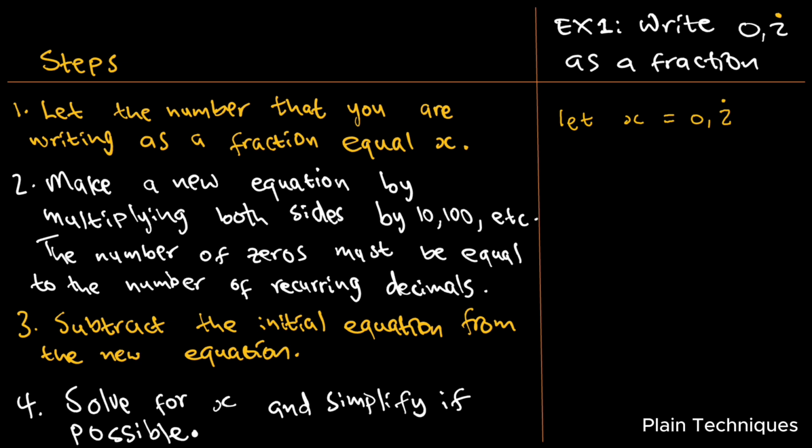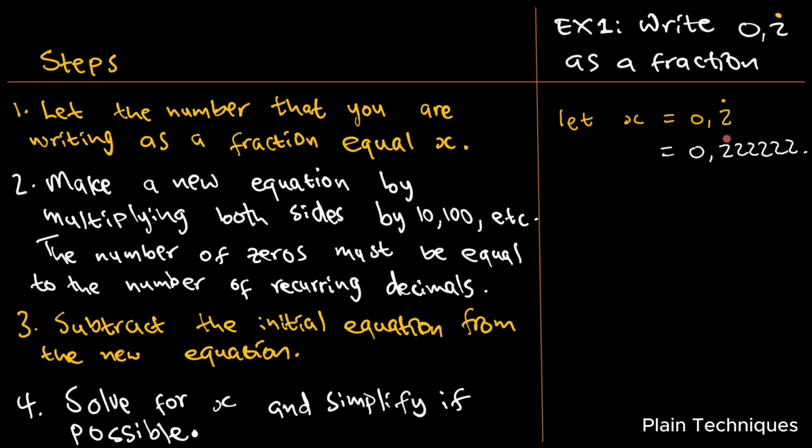All right. So this can also be written as 0.222222. So it's ongoing, right? So that is what it means. This dot means this number where the dot is repeating, right?